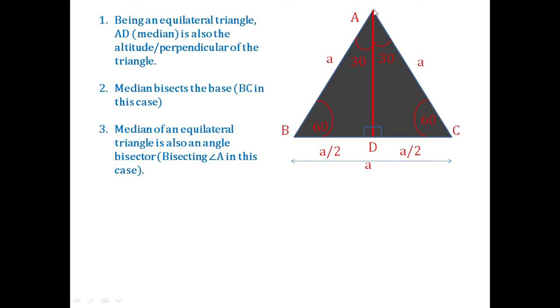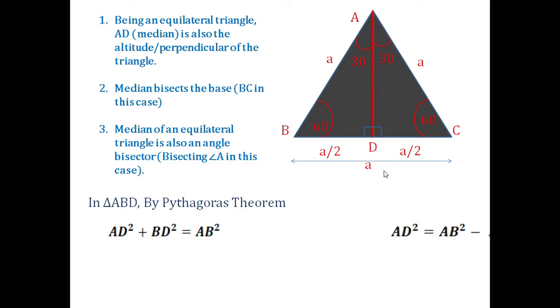So we could see that triangle ABD becomes a right angle triangle, right angle at D. Thus we can apply Pythagoras theorem here. So in triangle ABD, by Pythagoras theorem, we can write AD square plus BD square is equal to AB square. Now we can rewrite this AD square as AB square minus BD square.